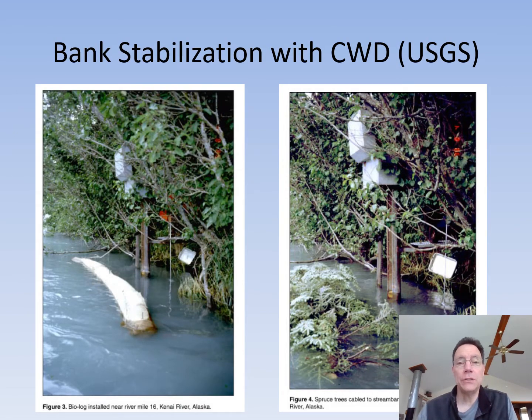There are some kinder, gentler ways that have been proposed to stabilize a bank with CWD. That stands for coarse woody debris. So the USGS, the United States Geological Survey, does some of this work. And here they are anchoring logs, what are called biologs, in an undercut bank. This is the idea of using not chunks of rock, but actually trees or branches or trunks, anchoring them in the bank to try to prevent erosion.